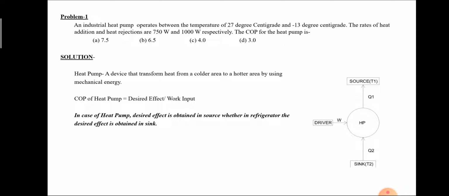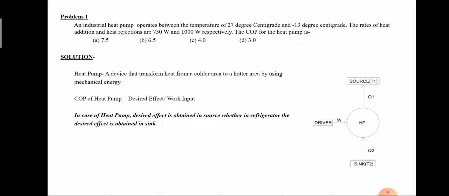If you think of a heat pump, for example a room heater, you have to heat the environment, so your desired effect will be obtained in the source. But if you take the example of a refrigerator, you have to maintain the temperature of the lower body. That means the evaporator, the inside of the refrigerator.